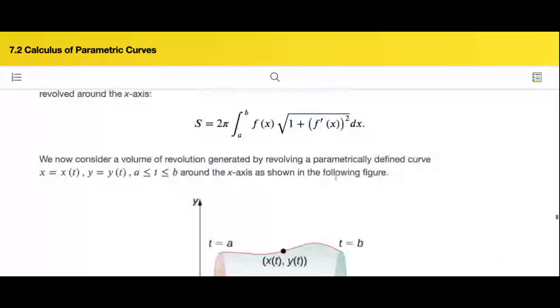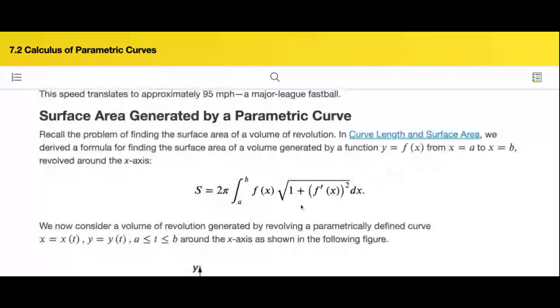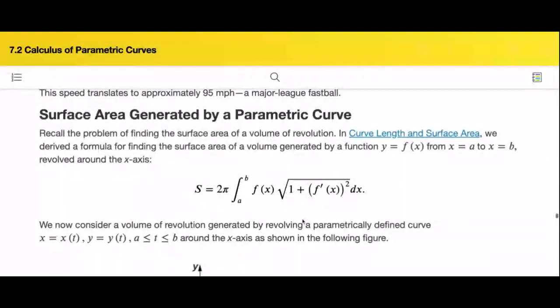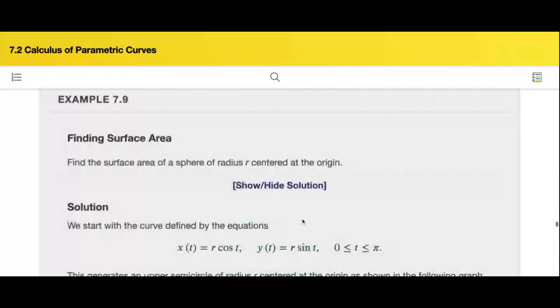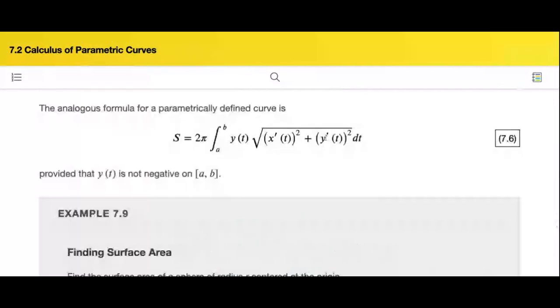It comes from here, in the function sense. If y can be represented in terms of x in the function sense, those two formulas will be exactly the same. But this one has a wider use, because we can use it for circles, for non-function curves.